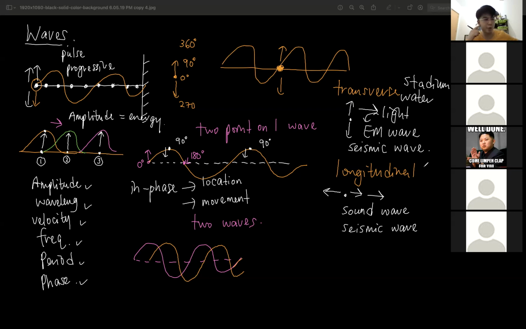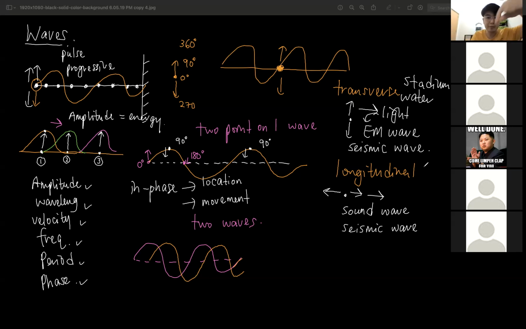If you have ever been to a concert, you see people sitting from the first row all the way to the back row. If the first row of people stands up and sits down, the second row repeats the same thing. Stand up, sit down. Third row, stand up, sit down. Everybody keeps doing the same thing. Then you see this wave travel from the first row to the back.